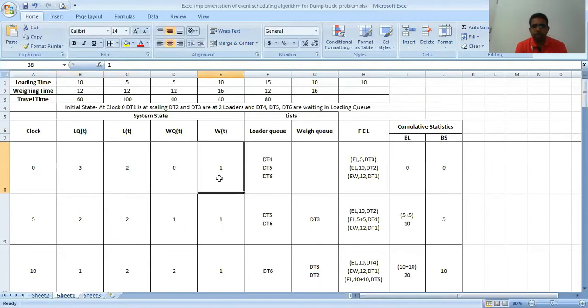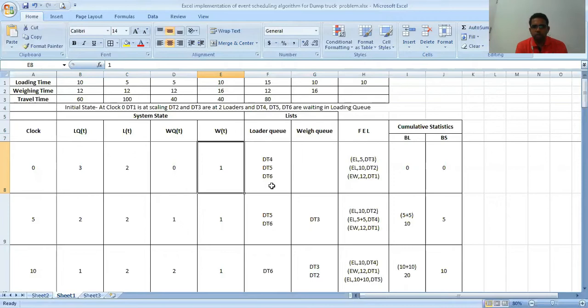Based on that description, 2 trucks are at the loader getting loaded, therefore L(t) will be 2, and LQ(t) will be 3, as 3 trucks are waiting. 1 truck is getting weighed, therefore no one is waiting in the queue of the weighing machine, and W(t) is 1.